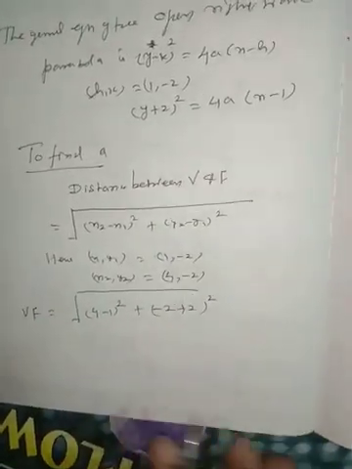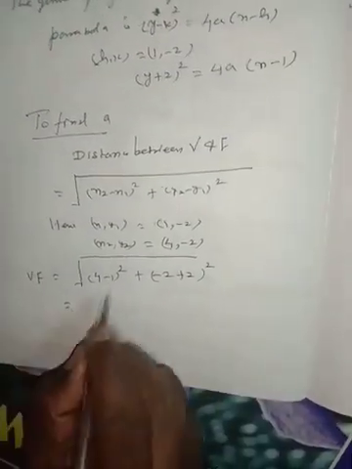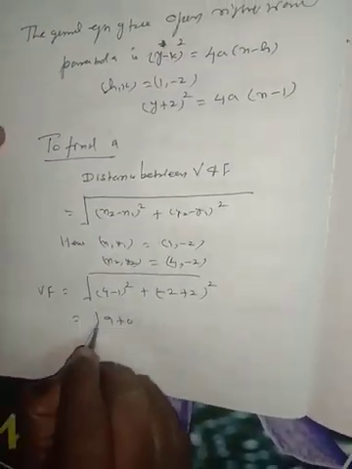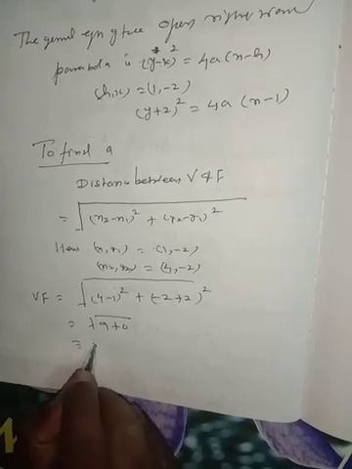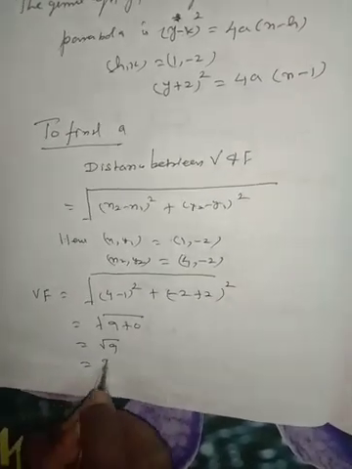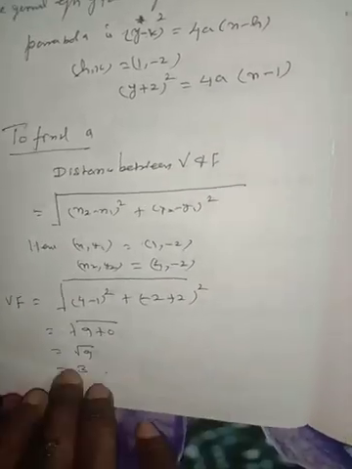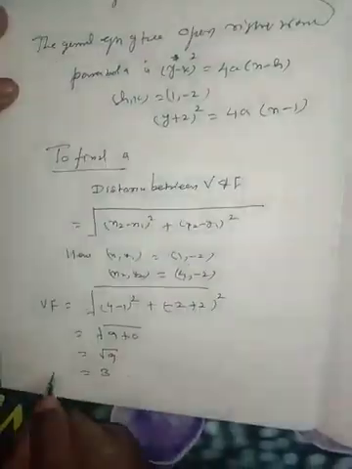Now 3 square is 9, 9 plus 0 is equal to root 9 is equal to positive 3. 3 is a.